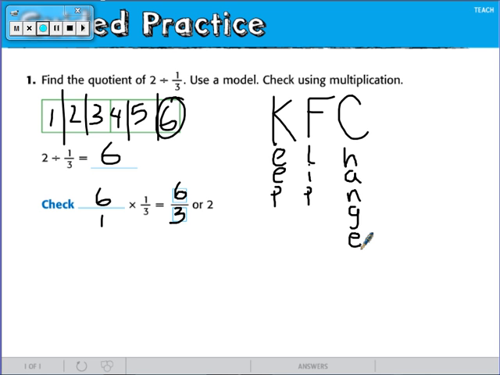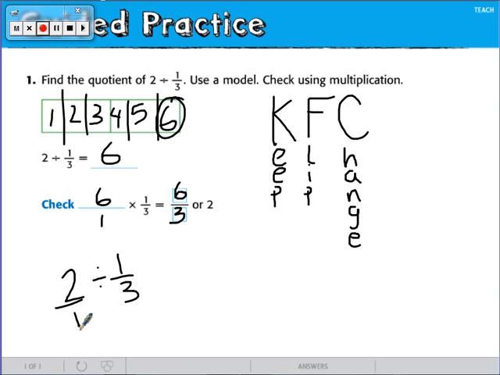So we're going to do 2 divided by 1/3, which was our problem right here. Anytime we're working with whole numbers and fractions, I always put my whole number over 1. So what do I need to put my whole number over? 1.